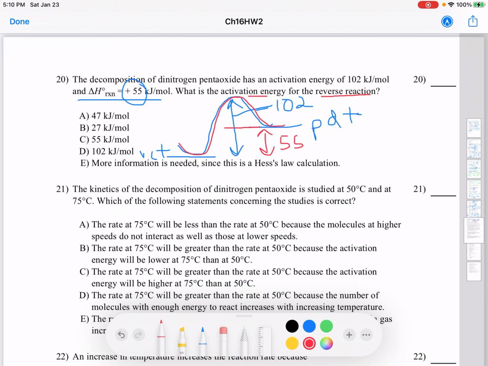So for the reverse reaction, the activation energy is going to be the part that I draw with the red. How do you find how much that is? From here to here, 102, and then enthalpy is 55. So 102 minus 55 will give you the activation energy for the reverse reaction. That would be the answer.